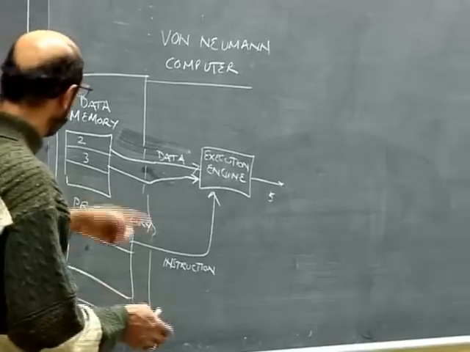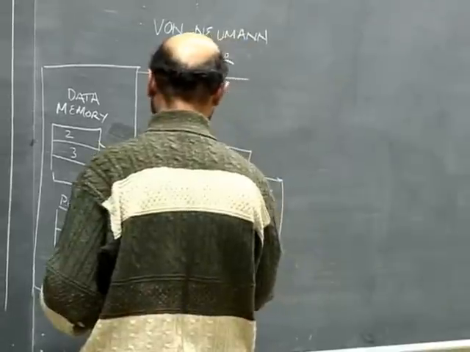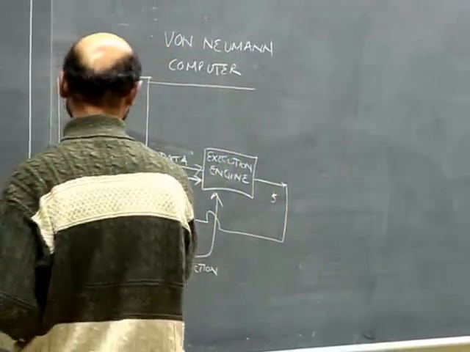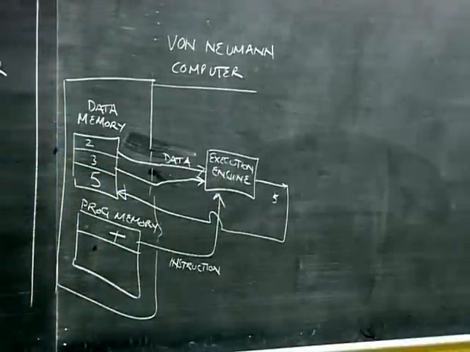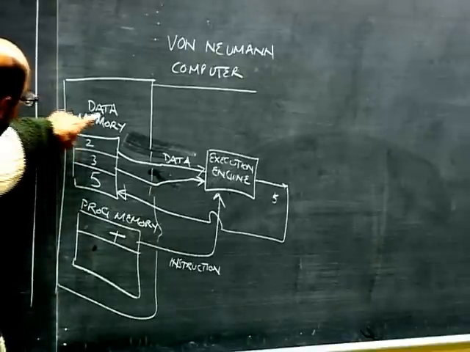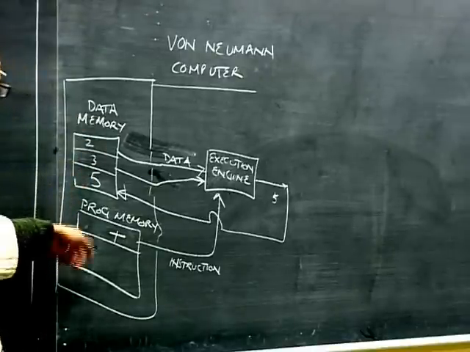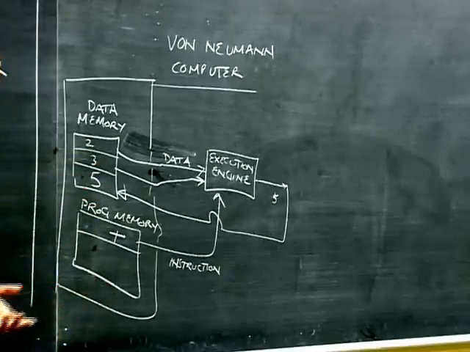And the other thing the execution engine can do is to take the results of the execution and stick it back into the memory like so, the data memory. Okay? So now the first instruction therefore says add these two numbers, put the result over here. The second could say take 5 and add that to 3 and so on.